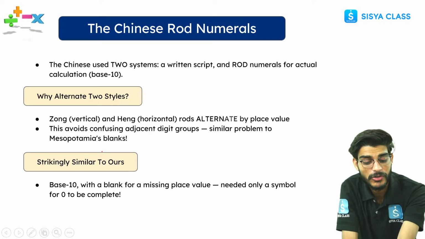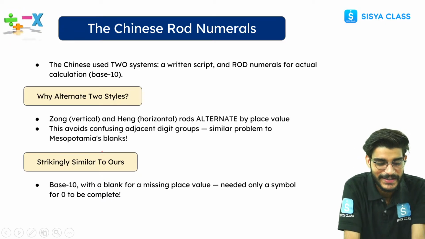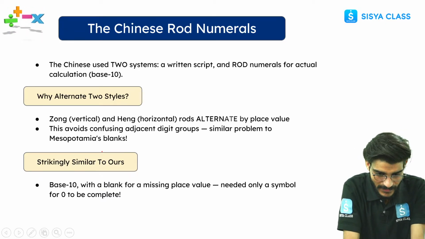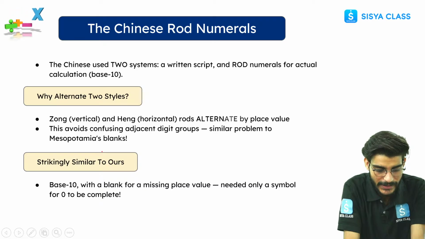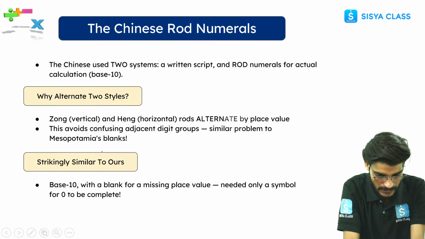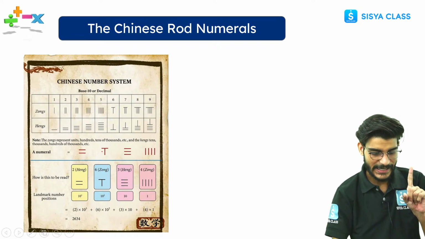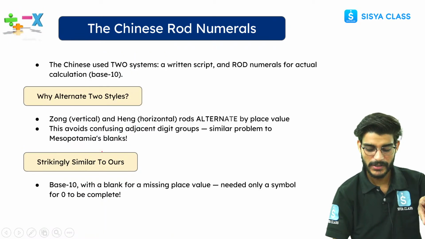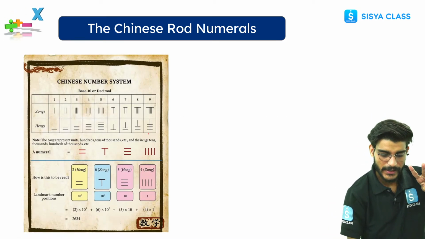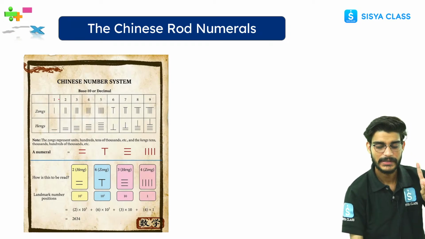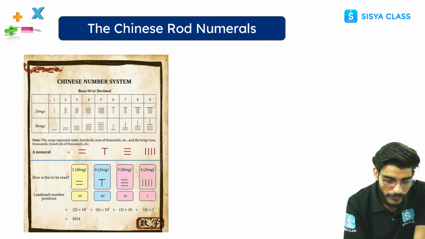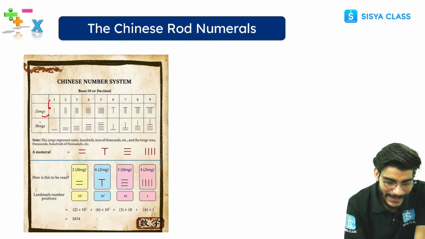Now let's move on to the Chinese number system. In the Chinese number system, what did they take as the base? Let me see. How did they used to denote the numbers, like 1 for 1? See this figure. This is clear by the figure only. For 1, they have Jongs and Hengs.